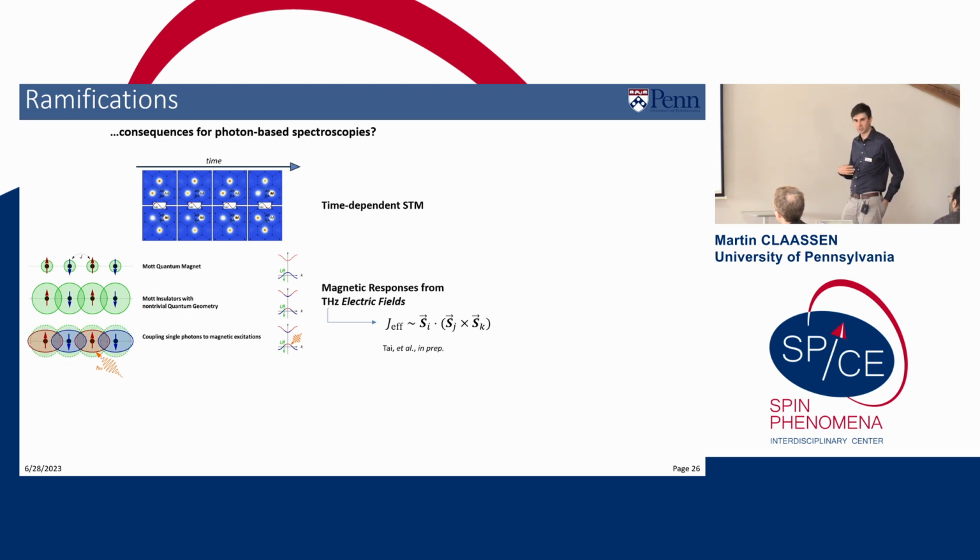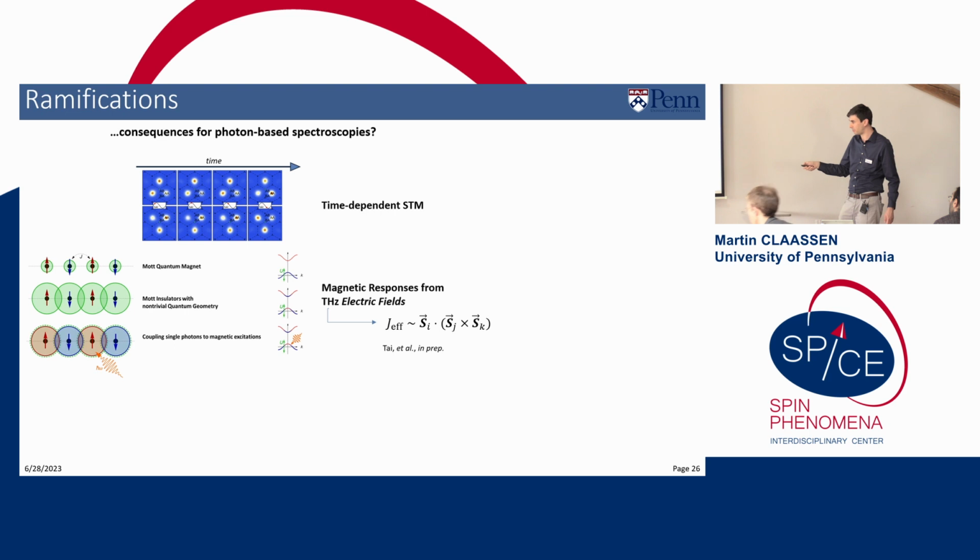For instance, we can think about the usual Mott-insulating problem of having a large charge gap and low-frequency excitations that emerge from magnetic excitations. Ordinarily, when people do terahertz spectroscopy, we couple the magnetic field component of a terahertz field to magnetic excitations. Now, in systems with non-trivial quantum geometry, just like moiré materials, the orbitals that host the local moments might be relatively extended.